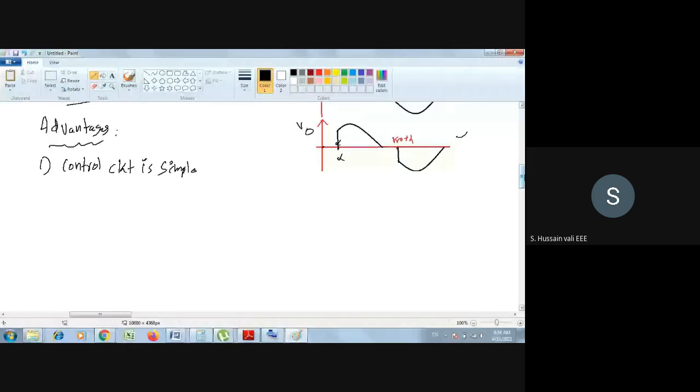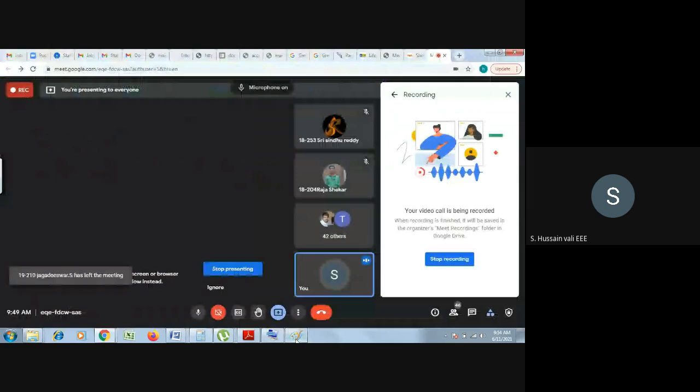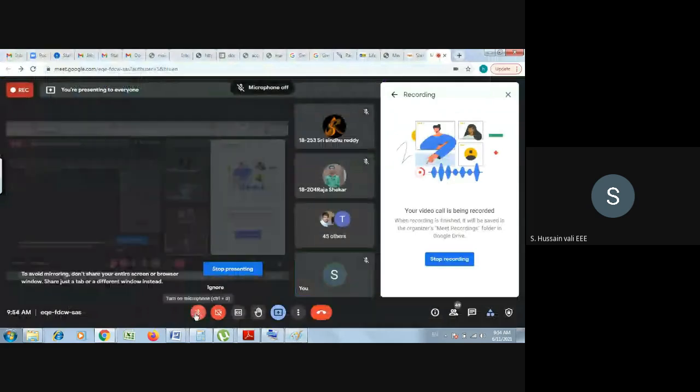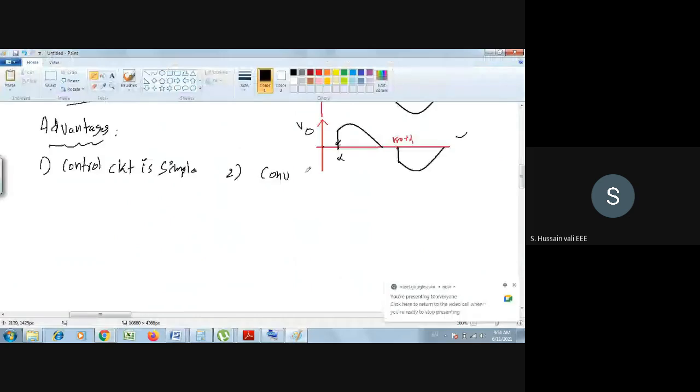And the second thing, another advantage, is that converter size and weight is less. Why is the converter size less? It is simple to understand.